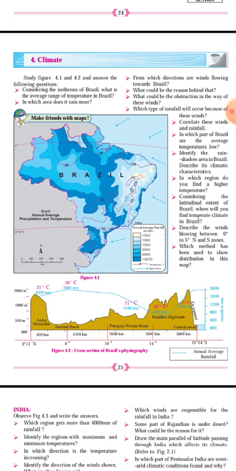Those are the winds coming from those directions. So your answer will be from southeast and northeast. Understood? So write down beside that question southeast and northeast. You can easily observe the blue arrows coming towards Brazil from the southeast direction and northeast direction. Now come to the next question.